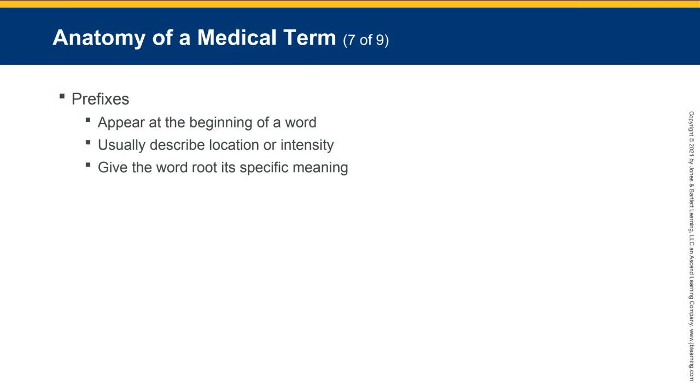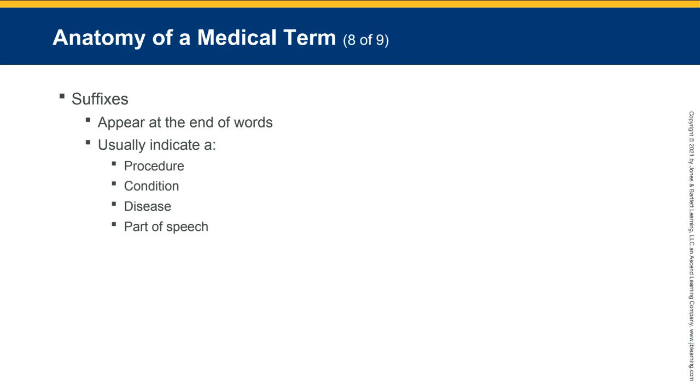Now, prefixes appear at the beginning of a word. They usually describe location or intensity, and they give the word root its specific meaning. Suffixes appear at the end of words and usually indicate a procedure, condition, disease, or part of speech.